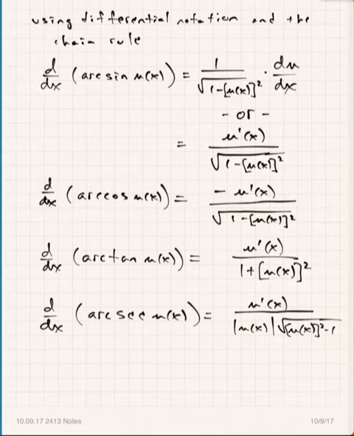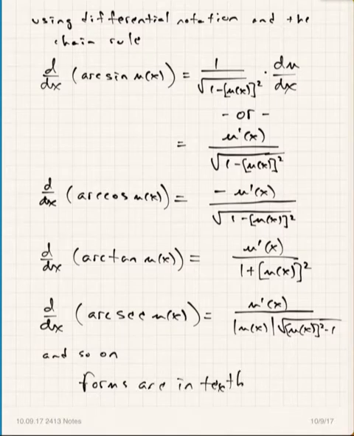You have to guarantee that your answer has the correct sign associated with it. And then I'm just going to say and so on for the other trig functions. All these forms are in your book on page 307.